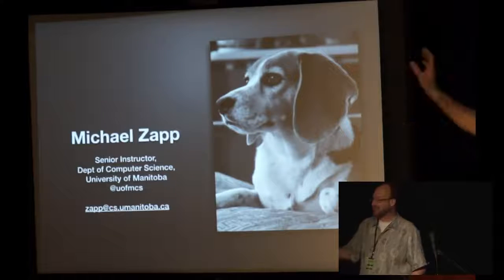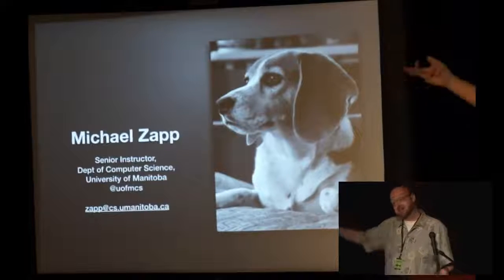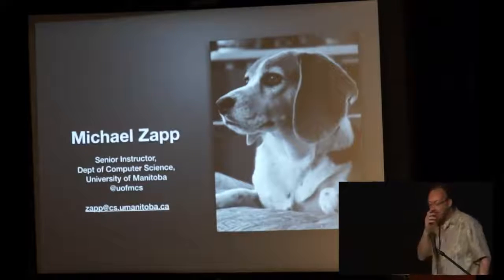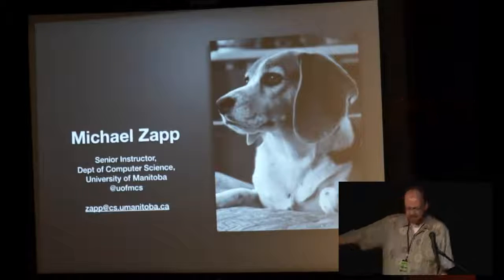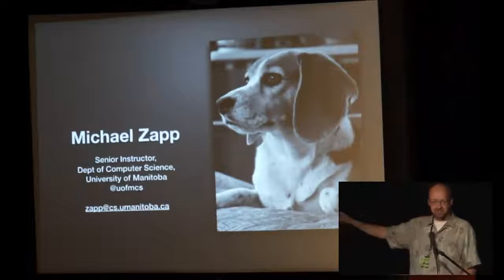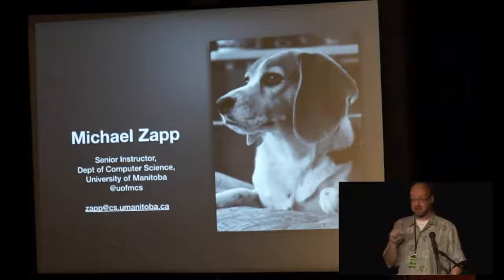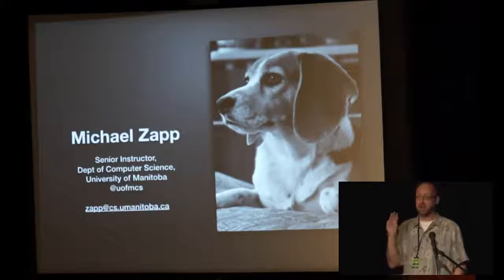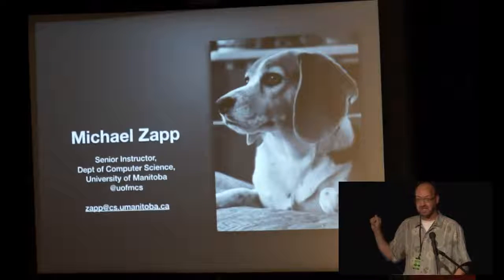I like having pictures on my slides, and I thought it would be stupid to have a picture of myself, so I have a picture of my dog. Seemed legit. I have a really small email address here, zapp@cs.umanitoba.ca. The other thing I wanted to mention is the Department of Computer Science, about 3 weeks ago, finally started a Twitter feed. It's at U of M CS.